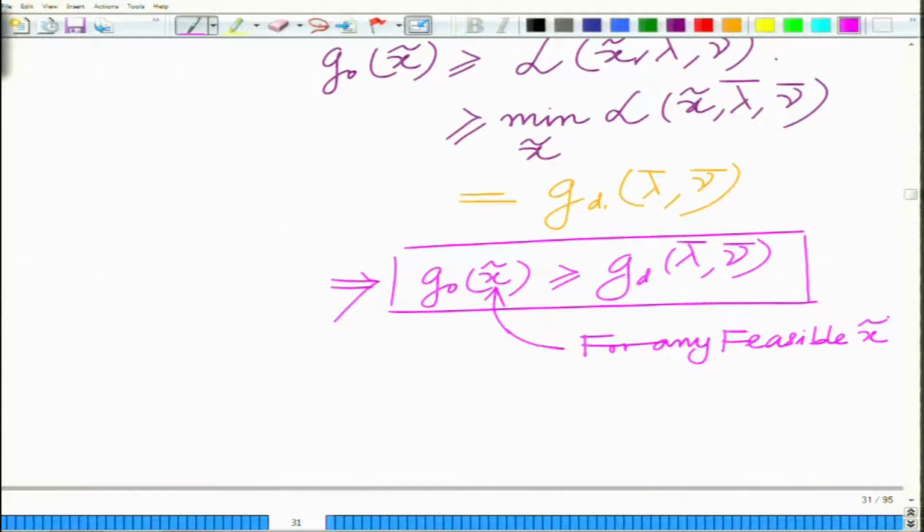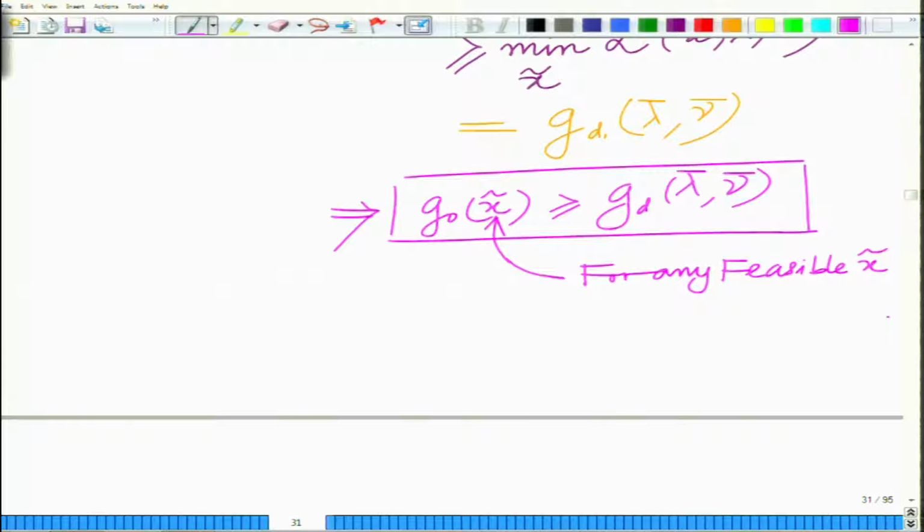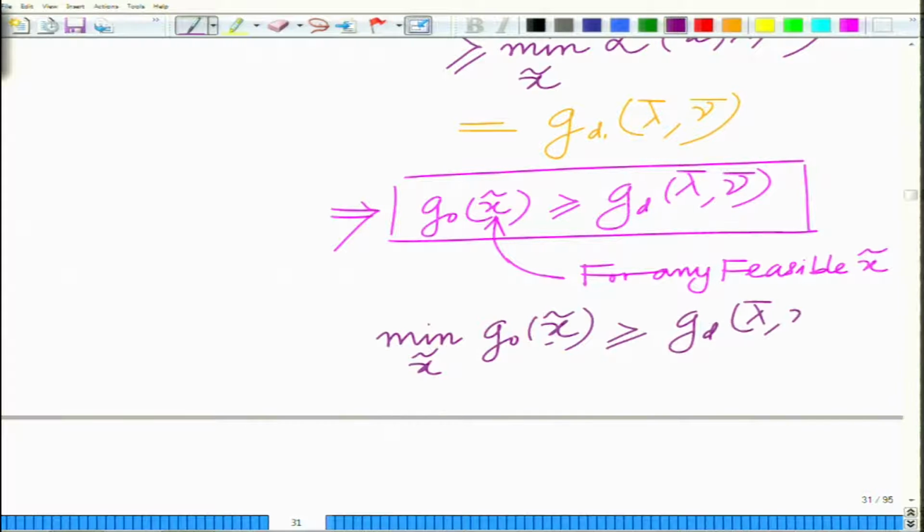For any feasible x tilde. Now, naturally, if you take the minimum of G naught of x tilde over the set of all feasible points, this inequality holds for any x tilde.